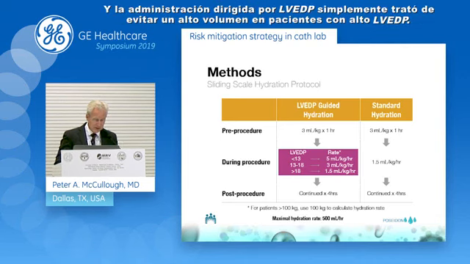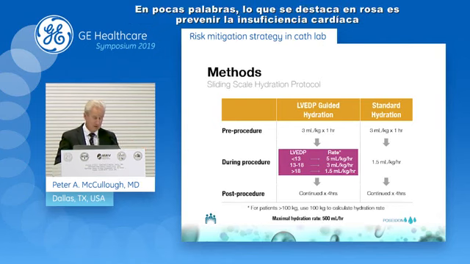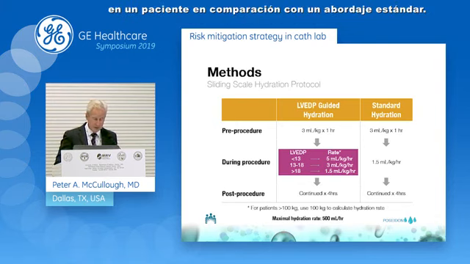And the LV EDP guided administration simply tried to avoid giving a high volume in a patient with a high LV EDP. What's in pink here is basically to prevent putting a patient into heart failure compared to a standard approach.